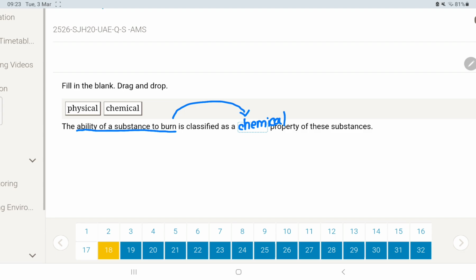Because when you're burning something, it could form ashes, gases, right? And those are all new materials. When you burn paper, was ash already in the paper? No, it formed. So, burning makes new materials, and new materials indicate a chemical property, okay? So, here, chemical.